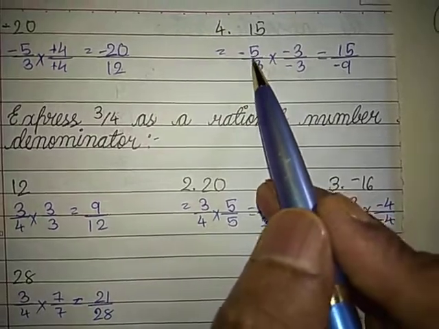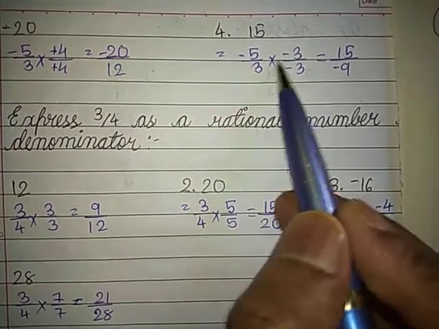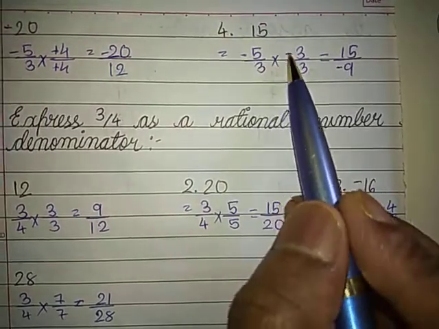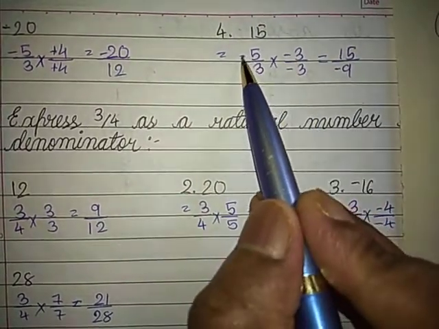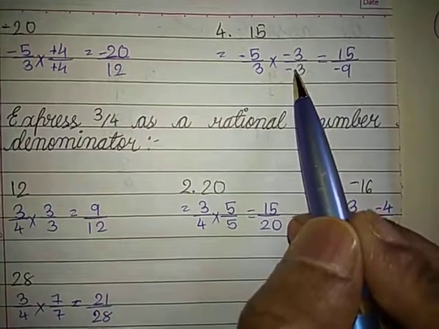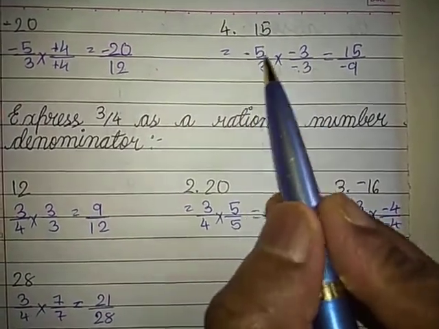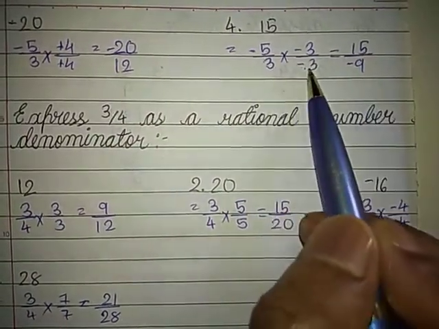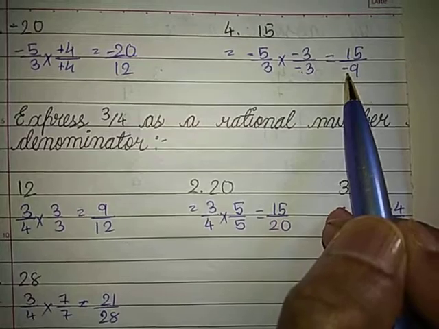What ratio is given to us? Minus 5 by 3. Because it is a plus 15, you have to multiply with minus 3. So minus 5 into minus 3 upon 3 into minus 3. If you multiply minus into minus, you will get plus. So 3 5s are 15, 3 3s are 9, and minus 9.